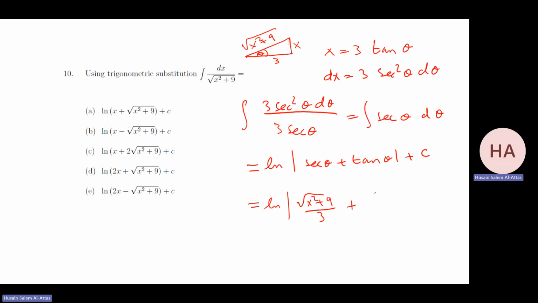And tan is opposite over adjacent. I can do these three with this ln trick. That will be ln this absolute value minus ln 3 because it's in the denominator, plus c. I will call this c. So this is my answer.